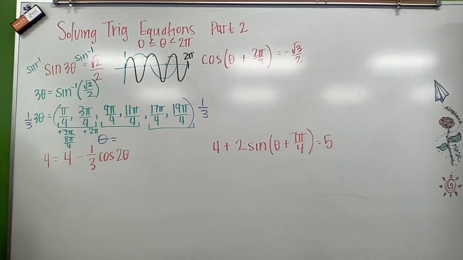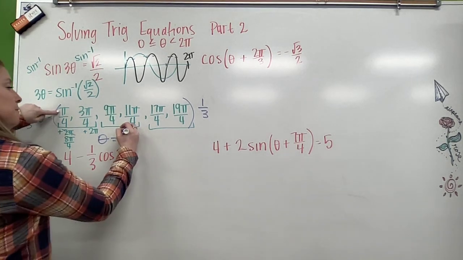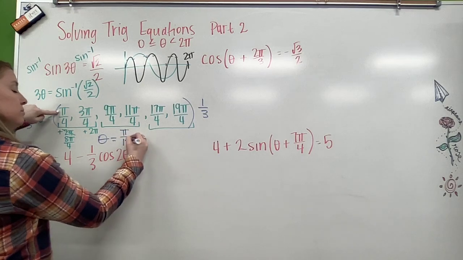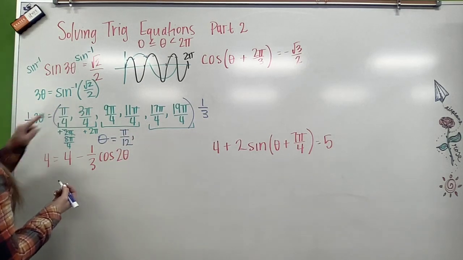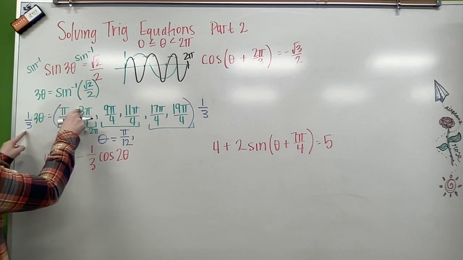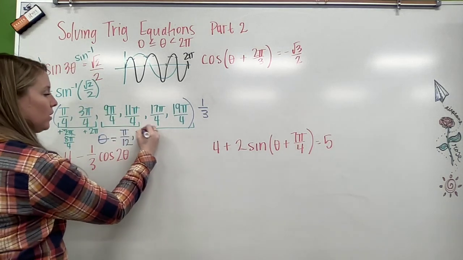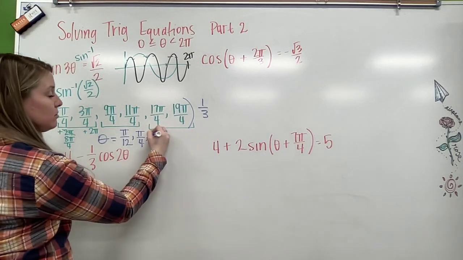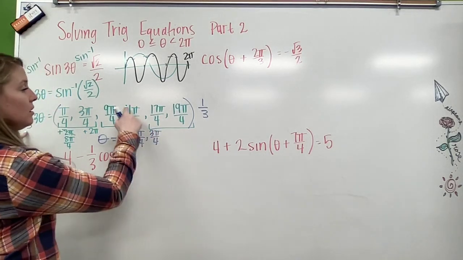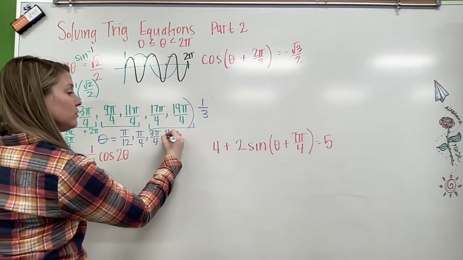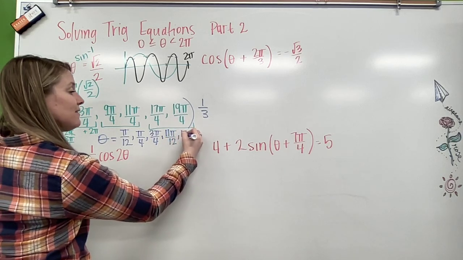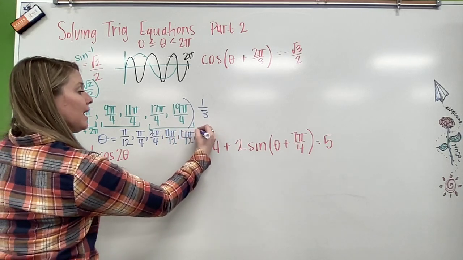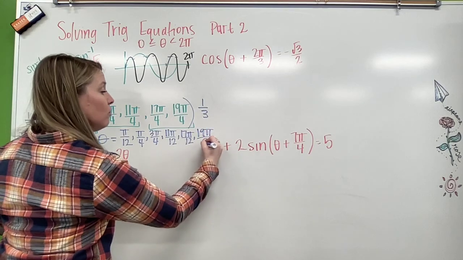So when I multiply by that 1/3, this becomes pi over 12. This, 3 and 3, those are going to reduce, so I'm going to be left with pi over 4. 9 divided by 3 is 3, so that's 3 pi over 4. That's going to be 11 pi over 12, 17 pi over 12, and 19 pi over 12.